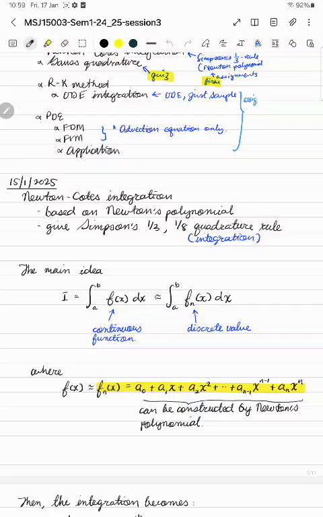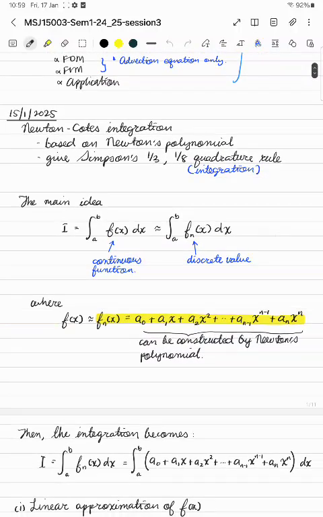I will use the terms quadrature and integration a lot here, but when I say quadrature, it simply means numerical integration.